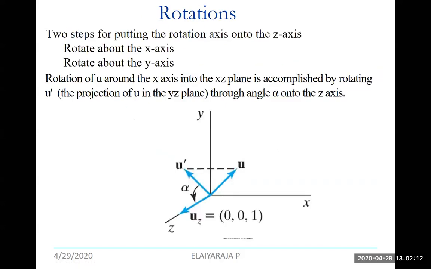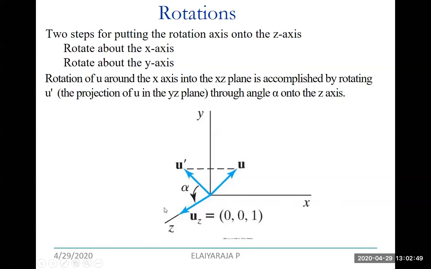What we have discussed basically with respect to x, y, z, the rotation around u. Rotation of u around the x-axis into your xz plane is accomplished by rotating the initial position of your unit vector u, then the next position with respect to the xz plane is u dash, that is a projection of u in the yz plane through that angle alpha.